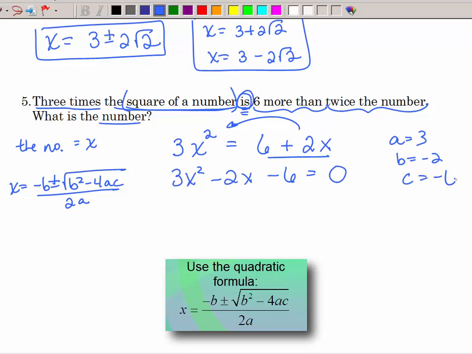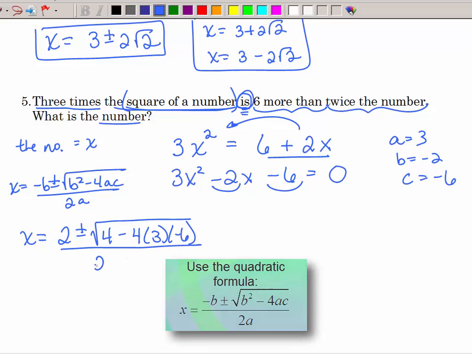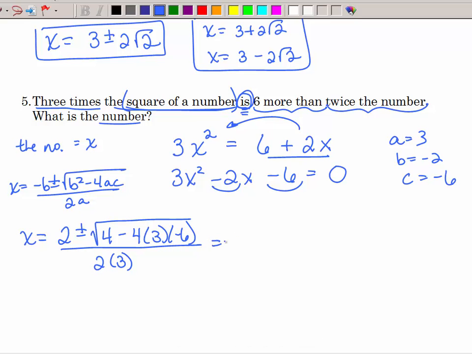Don't forget the signs. That's b, that's c. So I have x equals the opposite of b. If b was negative, then that becomes positive, and vice versa. b squared minus 4 times a times c, all divided by 2a.